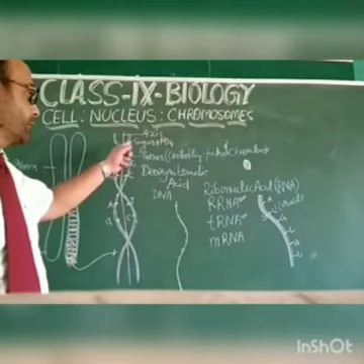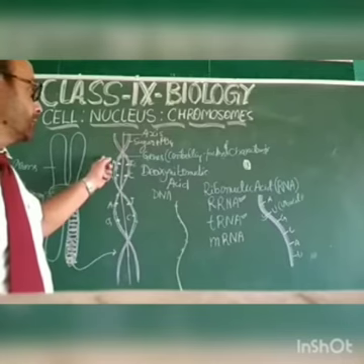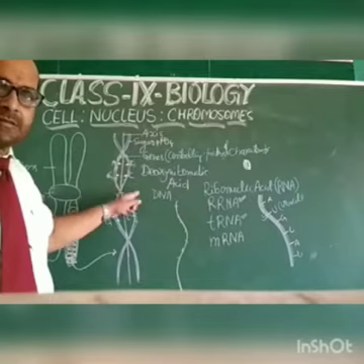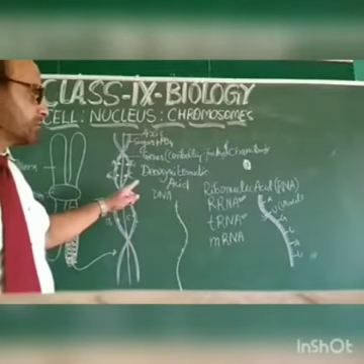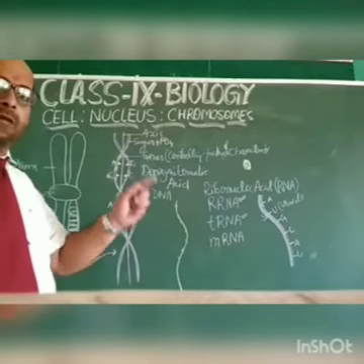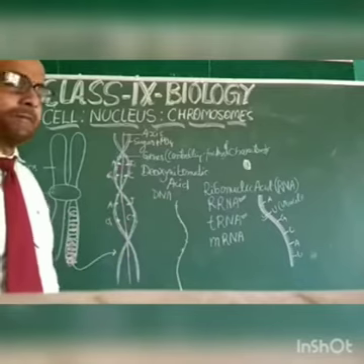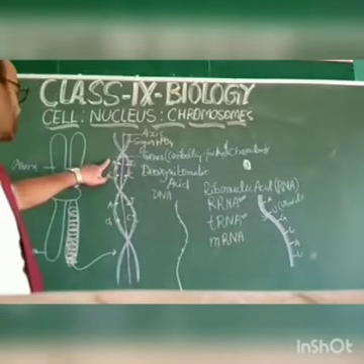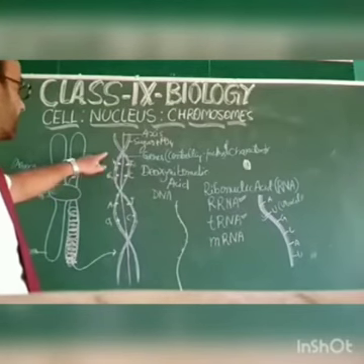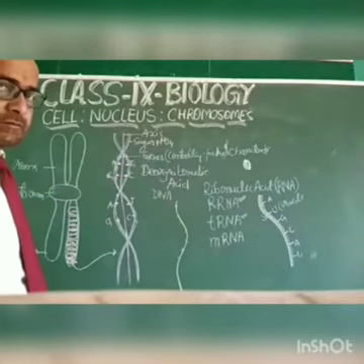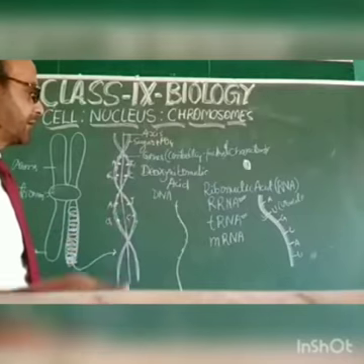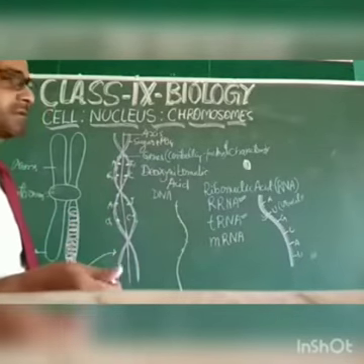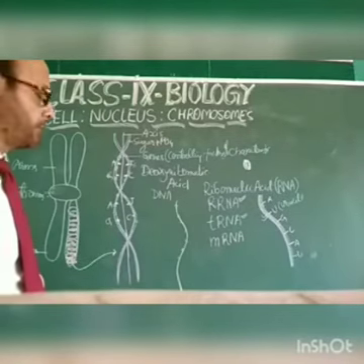And in the nucleoplasm it is found, in the mitochondria this is found, in the plastid this DNA is found, just to control the function of that mitochondria or plastid, or in the nucleus for the controlling of the complete cell functions, complete metabolic processes in the cell, whether that is anabolic or catabolic.